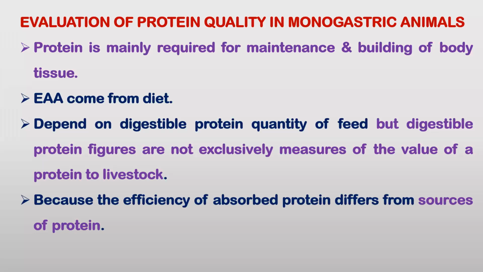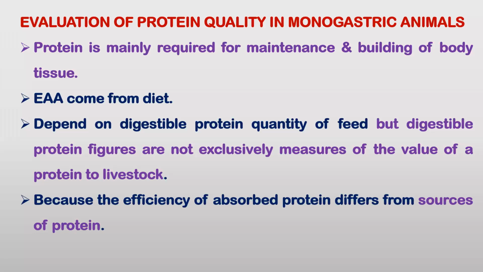Protein is essentially required for maintenance of the body, for building of the body tissues, and for normal metabolism. So we can say that protein is very vital for the feeding of livestock.